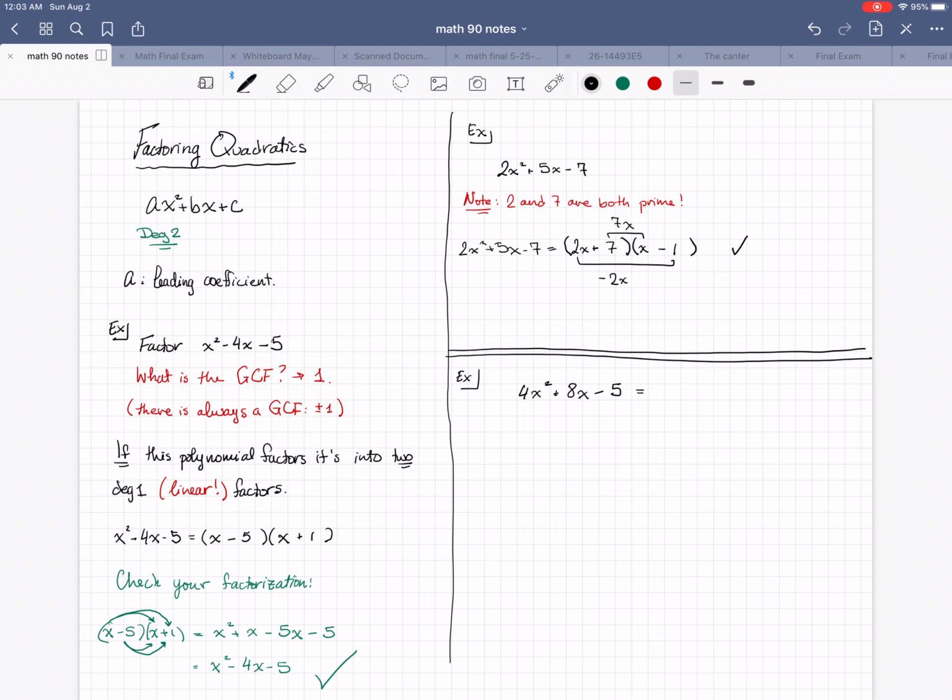All right, so here we go. We're going to assume that this factors into 2 degree 1 factors. So I'm going to skip a little bit of all of the exhaustive steps just to save time. But I want to show you that the x terms, right, this is two linear factors, the x terms have to multiply to 4x squared, which means that it could be 4x and x, or it could be 2x and 2x.